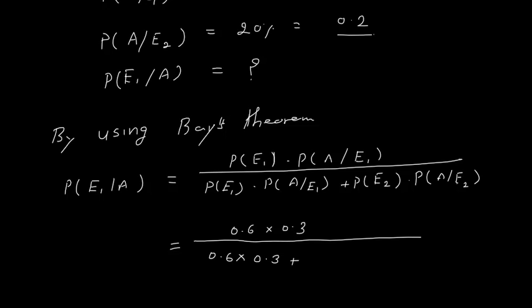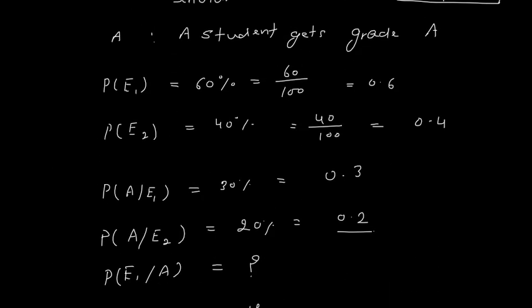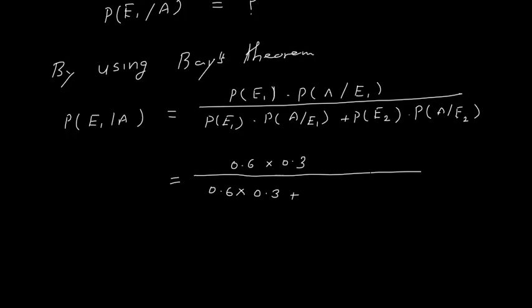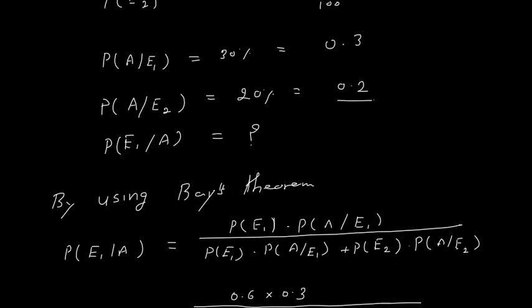Probability of E2 is 0.4, into 0.2. A by E2 is 0.2.